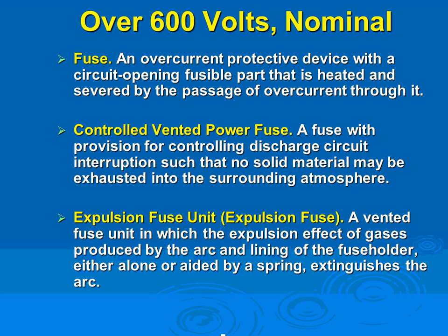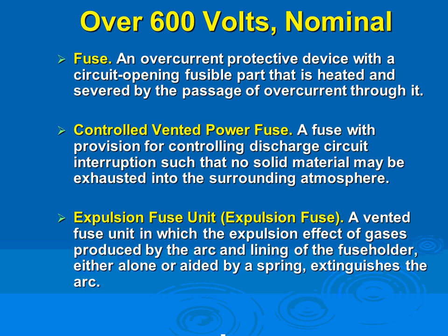A fuse in the high voltage is exactly the same as a fuse in low voltage. The current passes through a material, heats it up fast enough based on the size, severs it, opens it, and interrupts the current. That's the simplest way of doing it. Heat and sever it by the passage of overcurrent through it. Any fuse does that.